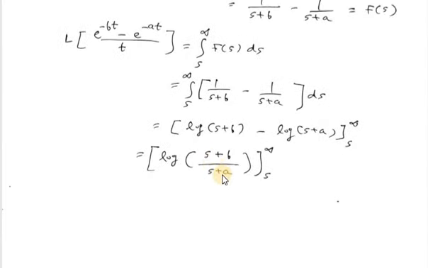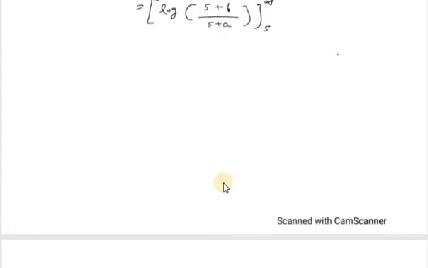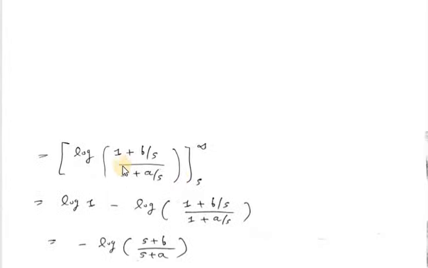Now divide numerator and denominator by s. So the numerator will become s by s plus b by s, and in the denominator s by s plus a by s. So finally it will become logarithm of 1 plus b over s divided by 1 plus a over s, and the limit is from s to infinity. Now first of all we will put the upper limit infinity.